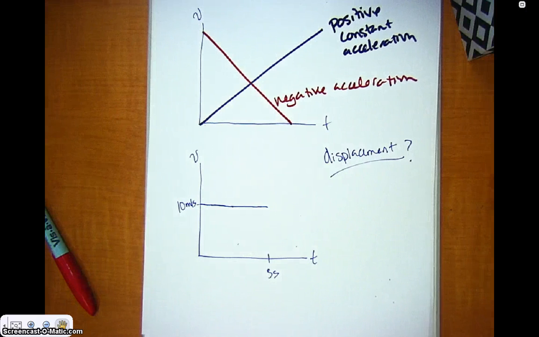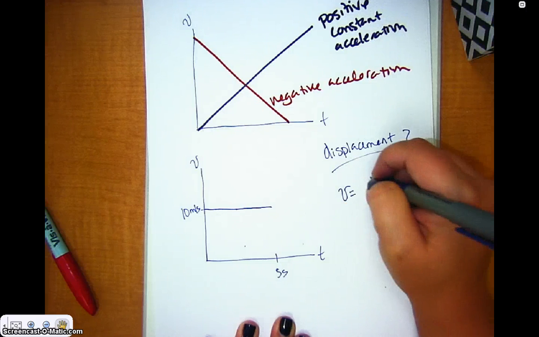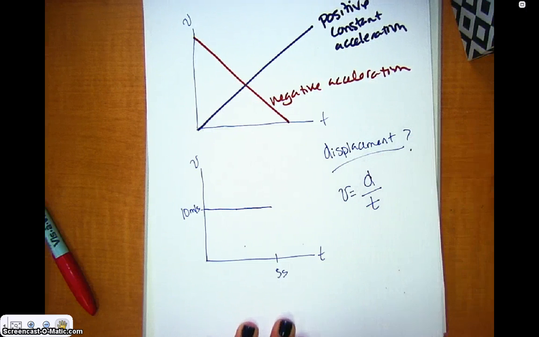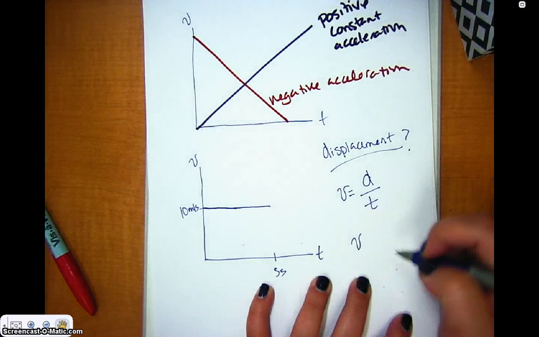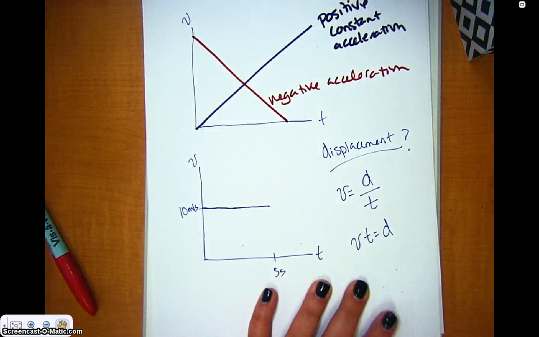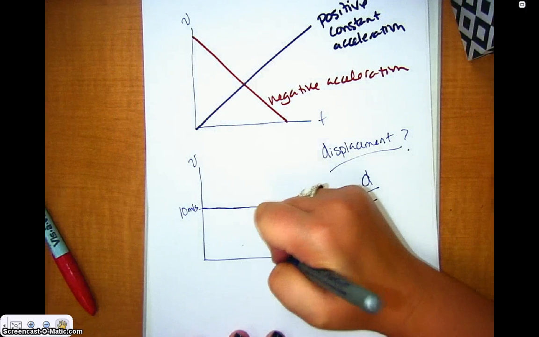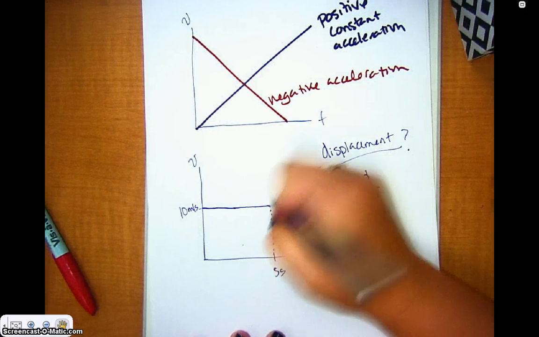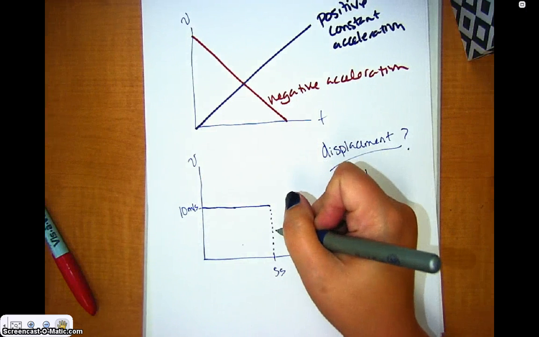right? So let's look at these mathematically, how they relate. So remember that velocity is equal to displacement over time. So if I were to solve this equation for displacement, I could say velocity times time will give me displacement. And if we look at a graph, I can see that here I have velocity on one side and I have time on the other side, right?